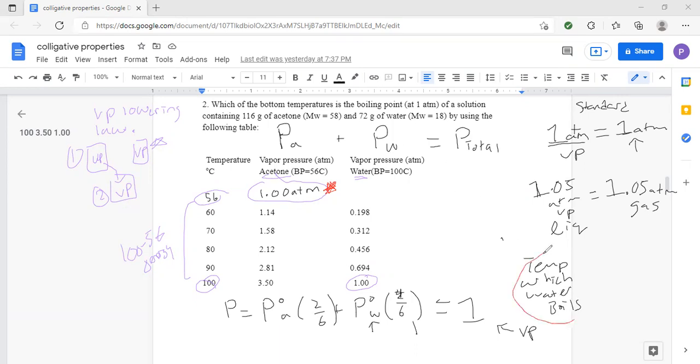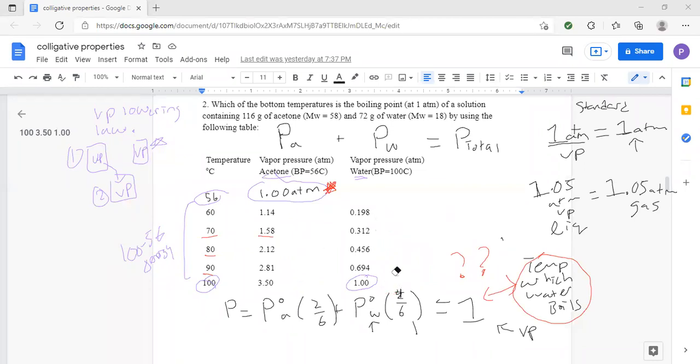The temperature at which water boils, and it boils at 1 atm. So we look at our list and we have 70 degrees, 80 degrees, 90 degrees. We have to see which one of these vapor pressures, when this goes here for acetone and this goes here for water, will equal 1. Or how about 80 when you put it there and you put this there? Will that equal 1? So it's just trial and error.